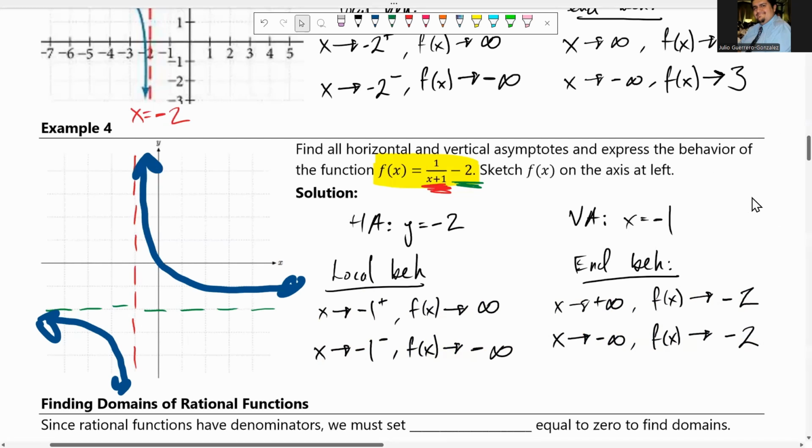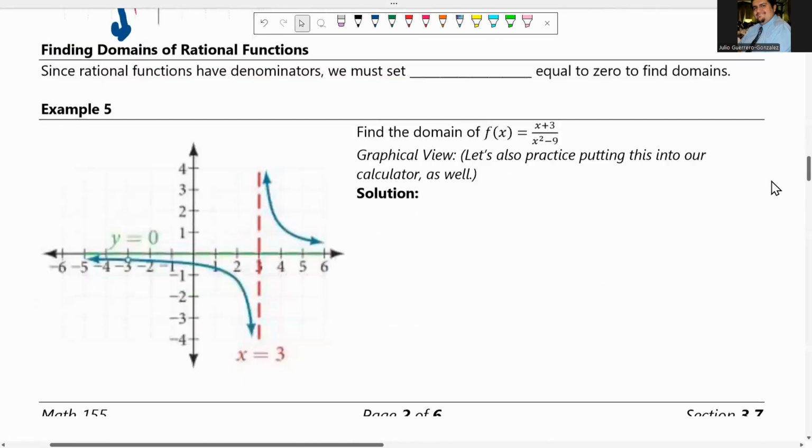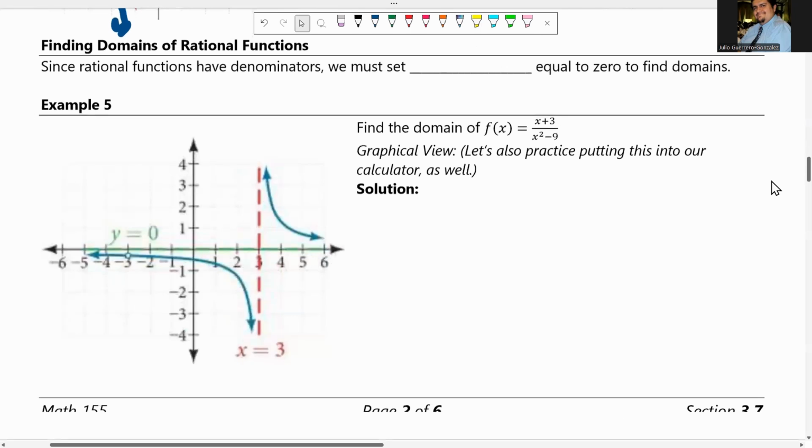So there is something I need to cover, and that is the domains of rational functions. Turns out some stuff happens sometimes that we need to keep an eye out for. Since rational functions have denominators, and we know that if we have a fraction of some sort, we cannot divide by 0.